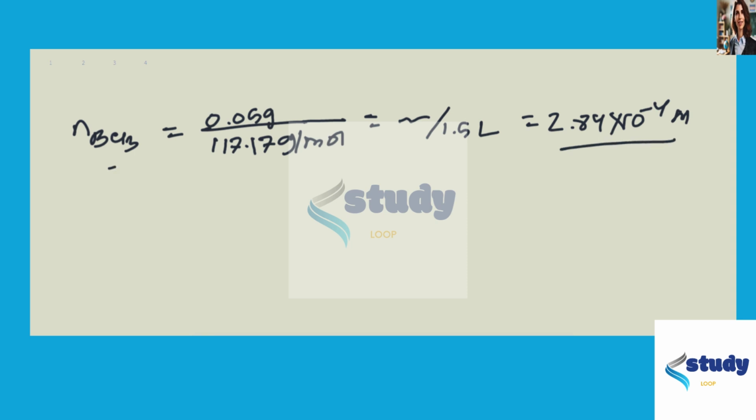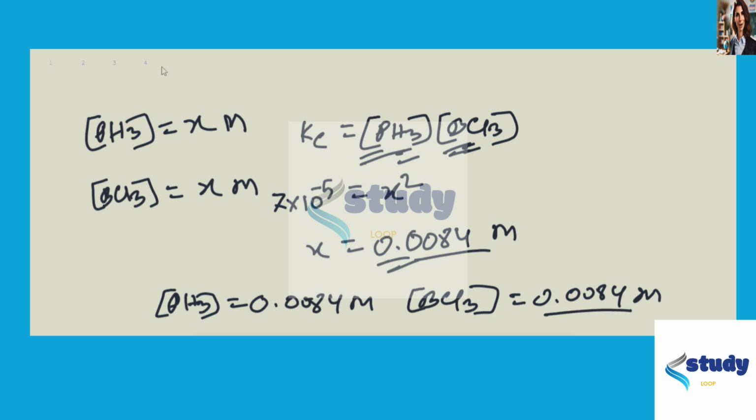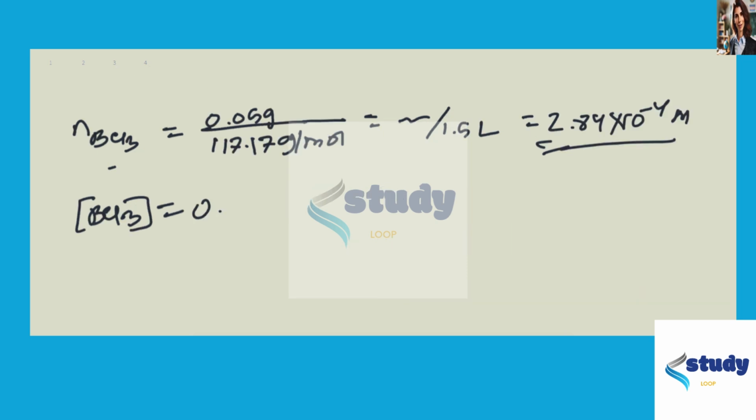That means the total initial concentration of BCl3 will be this added concentration plus the initial concentration calculated. So it will be 0.0084 molar plus 2.84 times 10 to the power minus 4 molar, and the summation will give us 0.0087 molar.